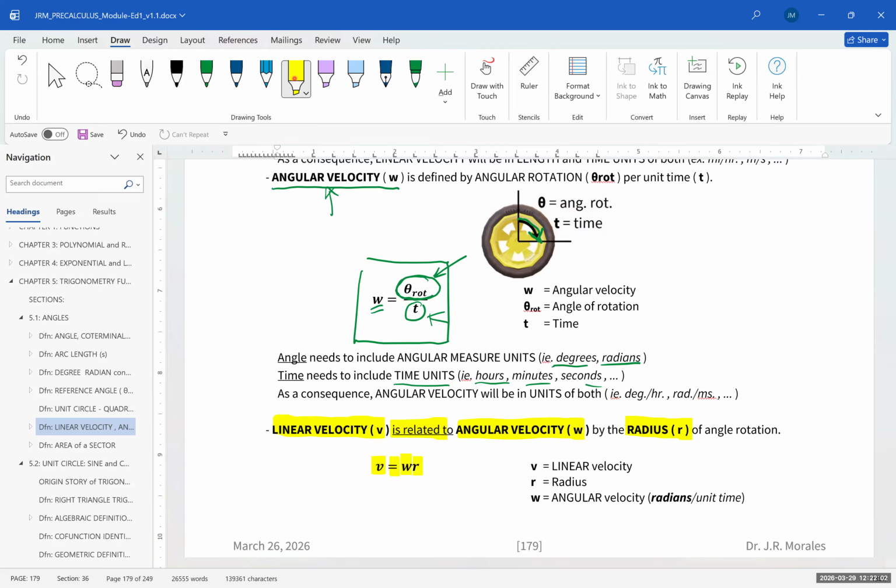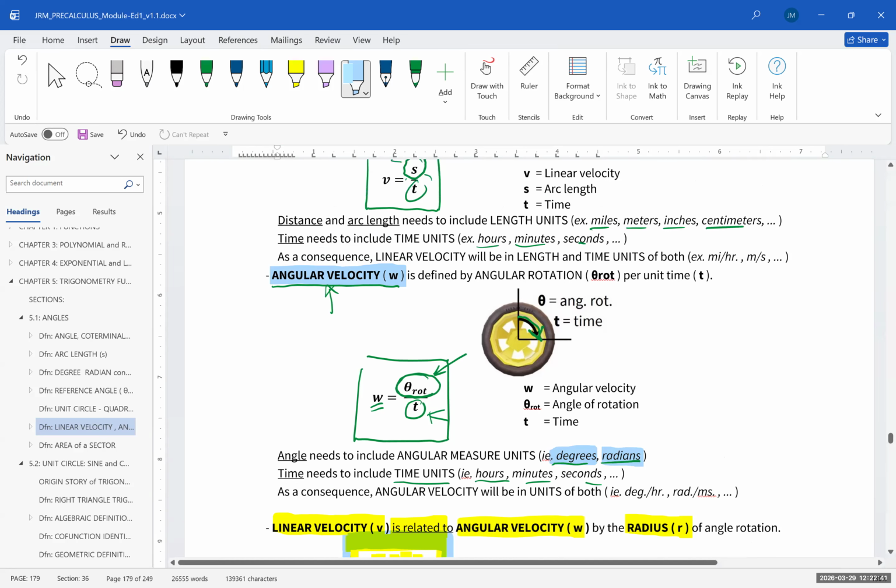But notice for this relationship to exist, angular velocity has to be measured in radians. So even though you could express angular velocity in degrees or radians, if you wanted to do a conversion, then angular velocity has to be in radians and not degrees.